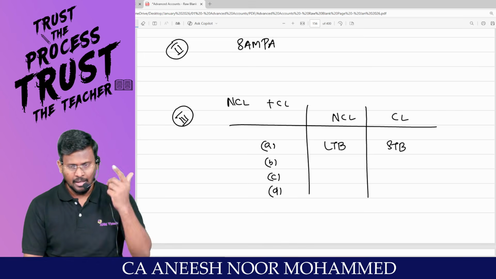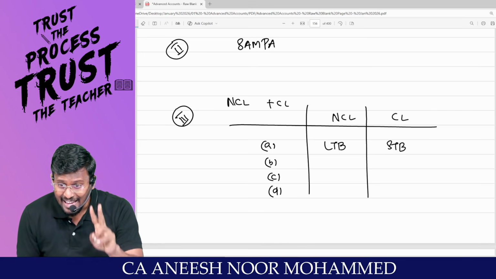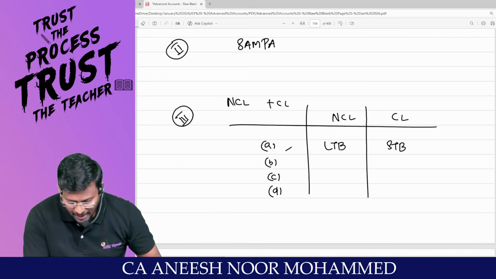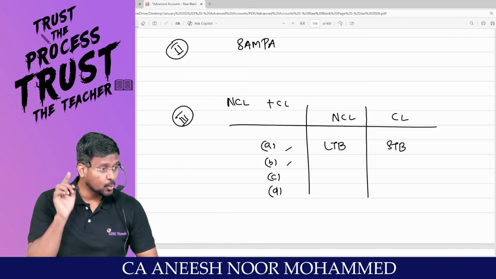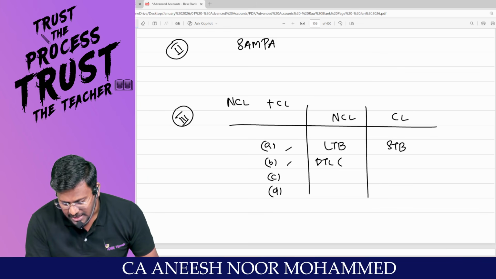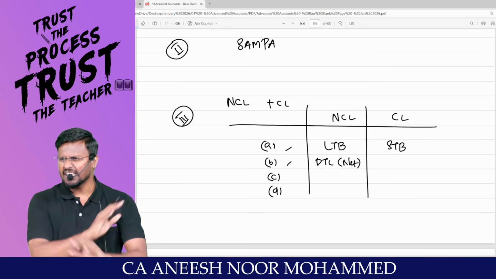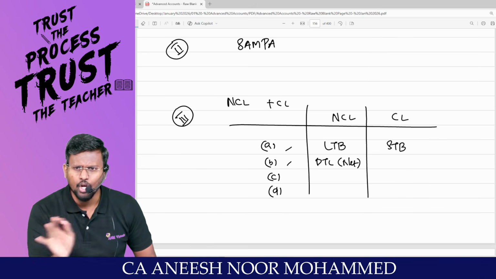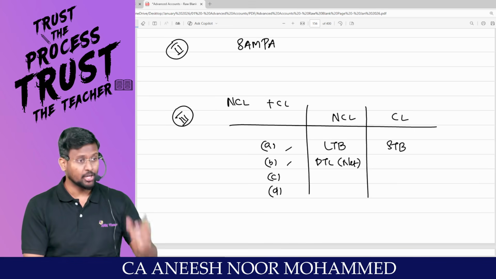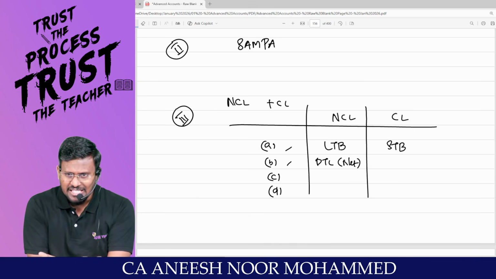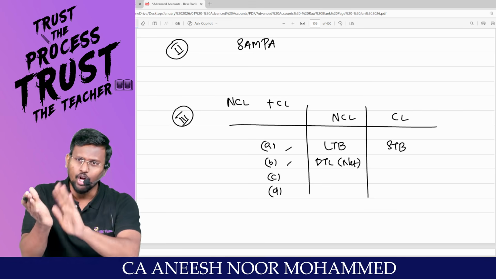Clarity? Next one, as per AS 22, that means it is the second item: deferred tax liability net. At any cost, deferred tax liability will not be a current liability, because deferred tax liability means a liability arising in one financial year and knocked off in another financial year.